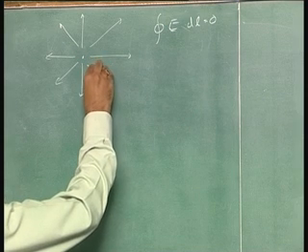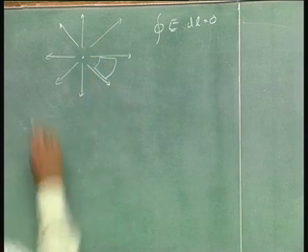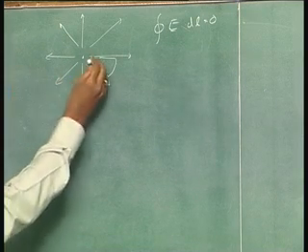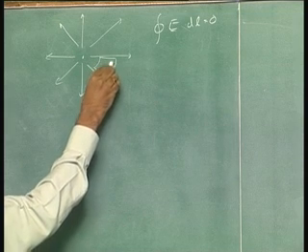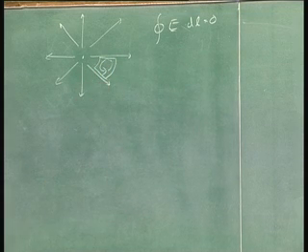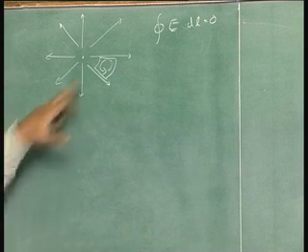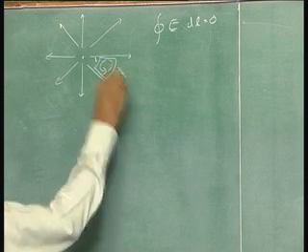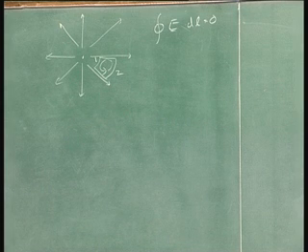Supposing I had a loop that did this. The loop is pointing out of the board, that is, its face is out of the board, and I am going to go around it in the counterclockwise direction. Well, the electric field is normal to edges 1 and 2, so it does not give me any contribution.